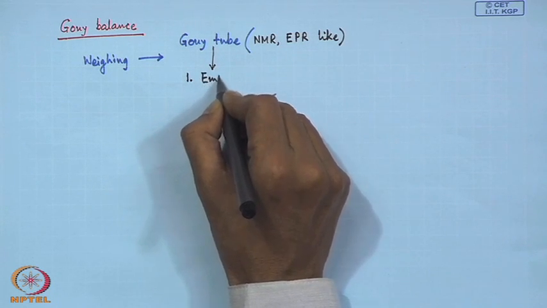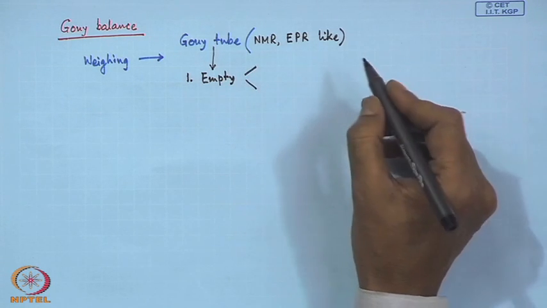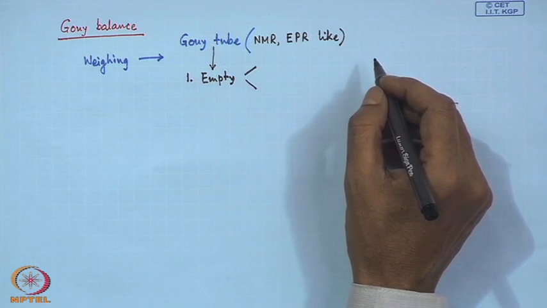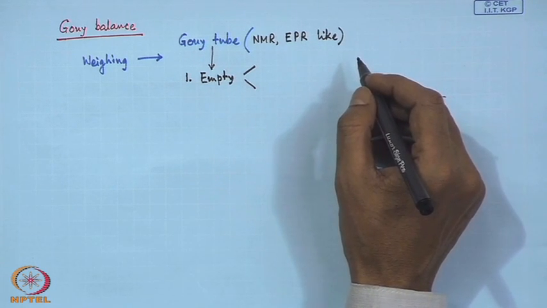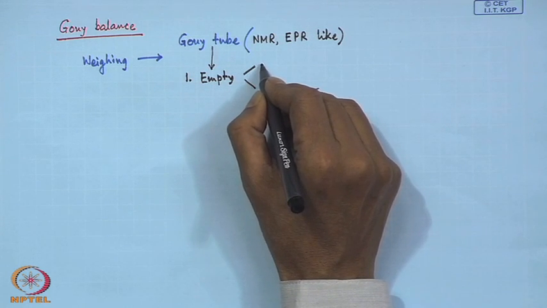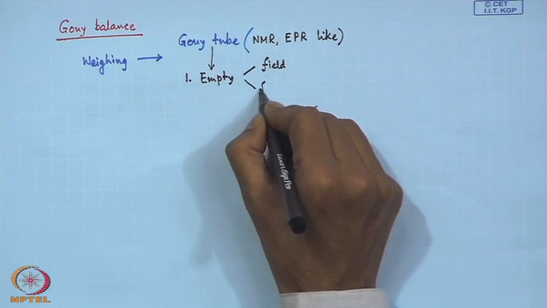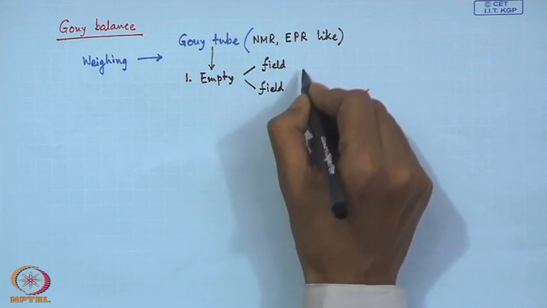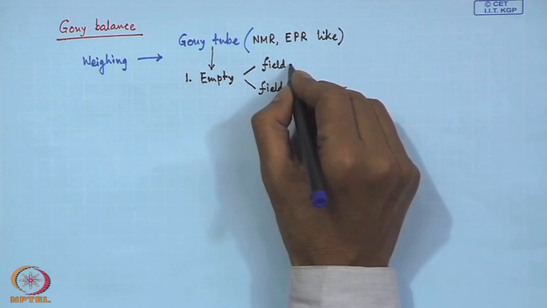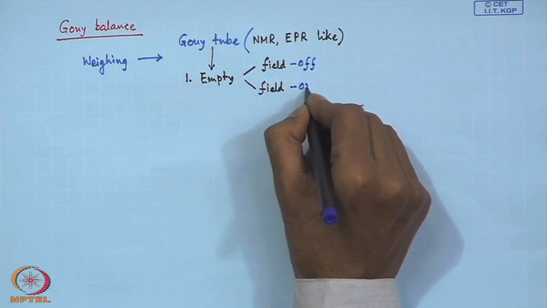For the empty Gouy tube we take two weights. It is basically a very sensitive balance, and we will be taking the weight in presence of the magnetic field and in absence of the magnetic field. So, when the field is on and the field is off. The empty tube in the field off situation and the field on situation.